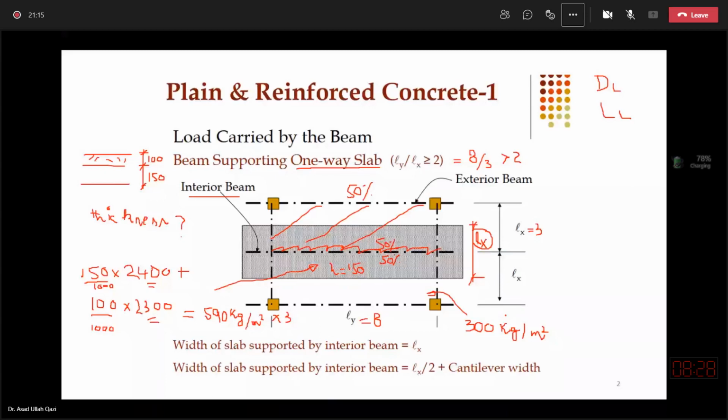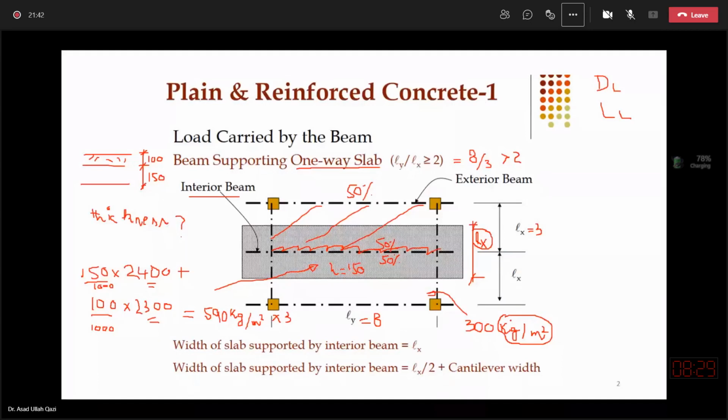Thicknesses or self weights we need to calculate by multiplying the thickness with the densities, but pressure live load information is directly given in terms of pressure. So we will then be adding up dead and live loads to get the total load on the slab.